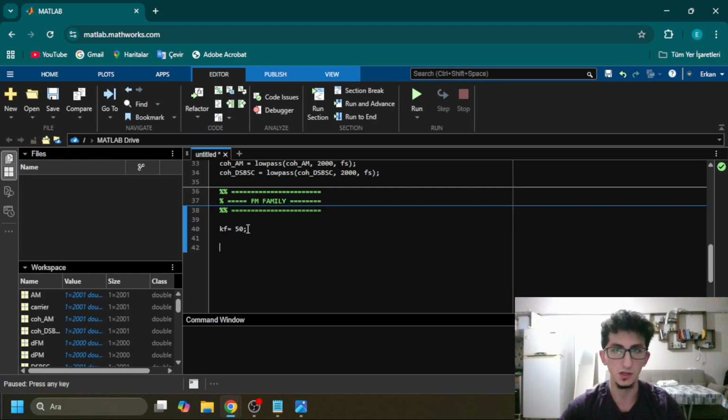kf is 50 in here, we have already defined it, so we are gonna make it clear with numbers in our code. So I'm gonna write this.